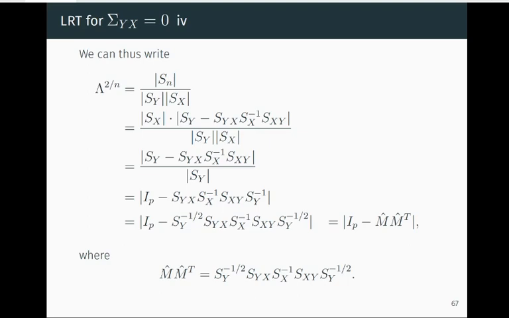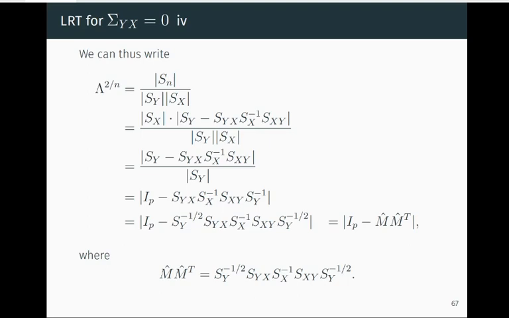And this allows us to show that lambda to the power 2 over n can be written as the determinant of the identity matrix minus M hat transpose, where M hat transpose we defined when we talked about the sample canonical correlation analysis, which is simply the product here in the determinant.